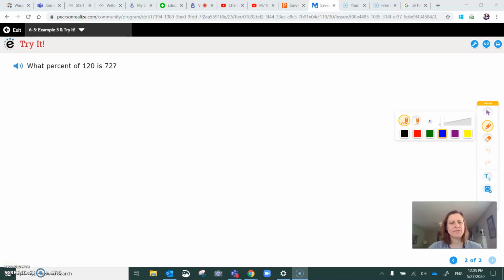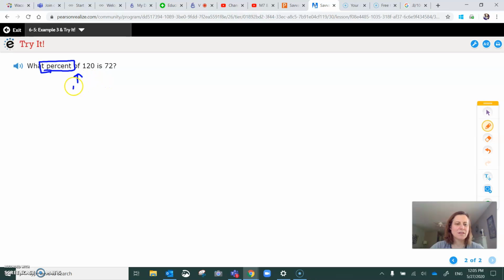Example 3 is a little bit different because they're asking you to find the percent. So the word "of" means times. The word "is" means equals.